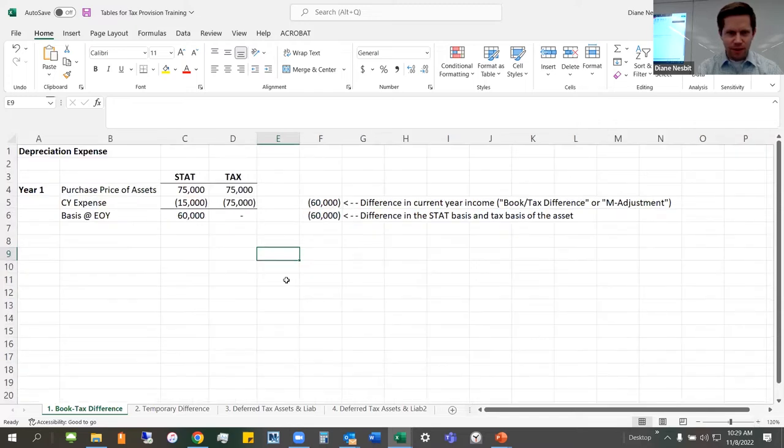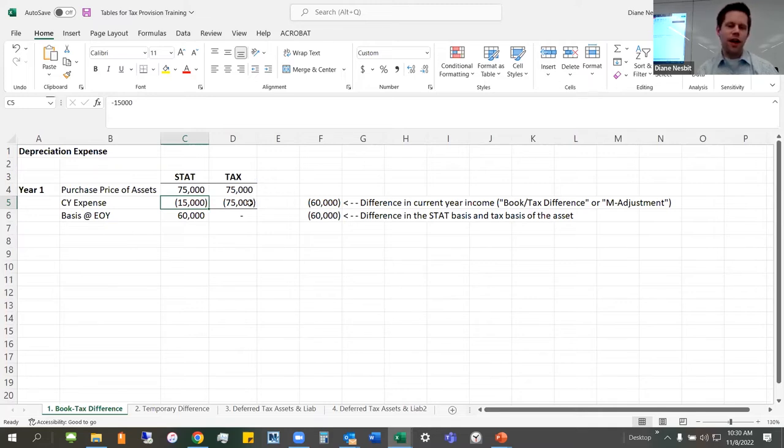Okay. So let's say we purchase an asset for $75,000 and you record that in your fixed assets. For stat purposes, you're going to depreciate it over 5 years or however many years the life of the asset is. So in your first year, you have $15,000 of current depreciation expense.